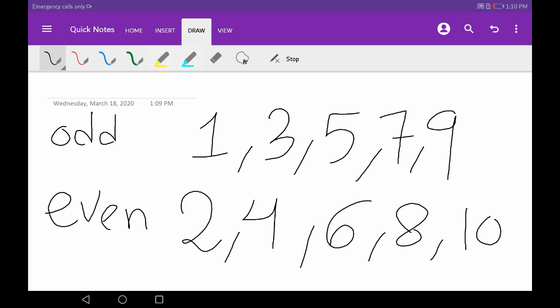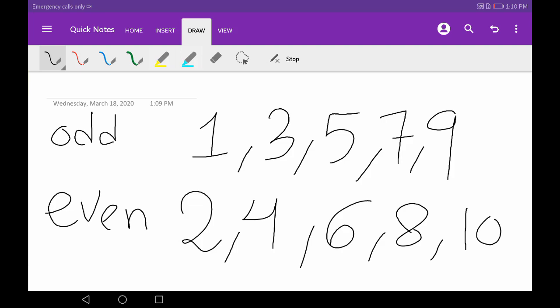So from here we note that the even numbers, which are the numbers that can be divided by 2 without leftovers, are the same as the multiples of 2, because we know that the multiples of a number are the numbers that can be divided by the same number without leftovers.